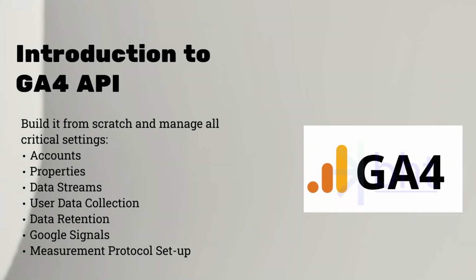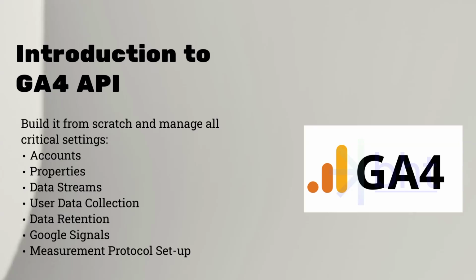GA4 API. This is a list of more of the admin API basics, but still impressive. I could create accounts, I could create properties, data streams, user data collection. I can change the data retention from 2 months to 14 months. That alone, just being able to do that quickly and easily, hassle-free, without logging into the UI and fumbling around.